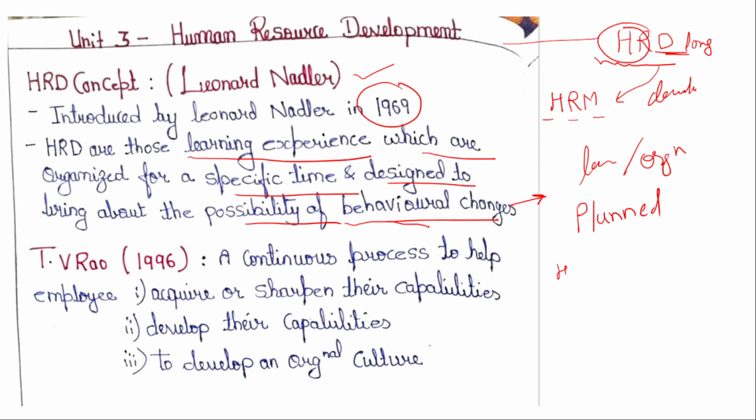When behavioral changes happen. How will I start behaving in a new way? Only when I gain some kind of learning experience. All this process together, which is planned and organized for a specified period of time to bring behavioral changes within the employee, is called human resource development.